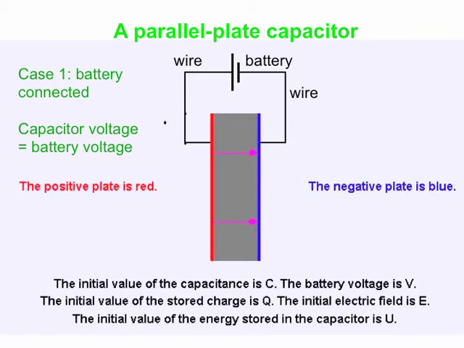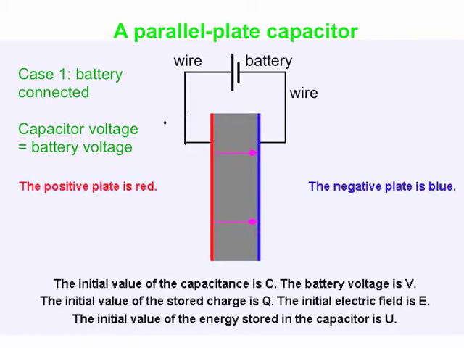Okay, so when you do that, because it's always hooked up to the battery, the capacitor voltage will always be equal to the battery voltage at all times. So as you play around with the spacing and things like that, the charge on the plates will change, but the voltage is fixed. And the charge changes because you're changing the capacitance of the capacitor by varying some things.